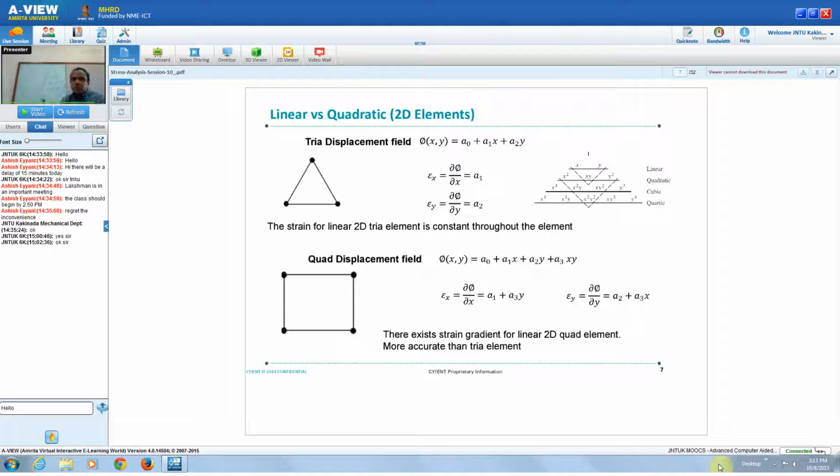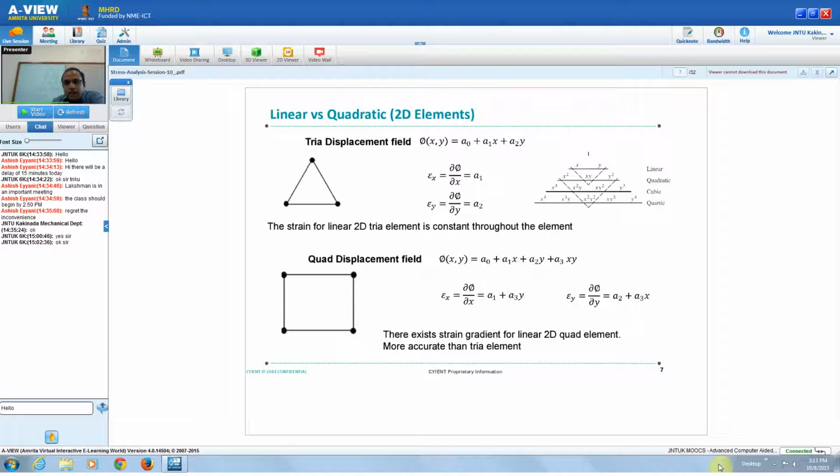That is nothing but here a0 plus a1x plus a2y. When you try to differentiate this displacement function with respect to x and y, we'll get the relevant strains, but they are constants, a1 and a2.